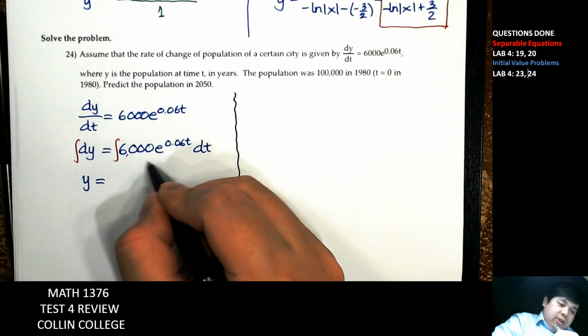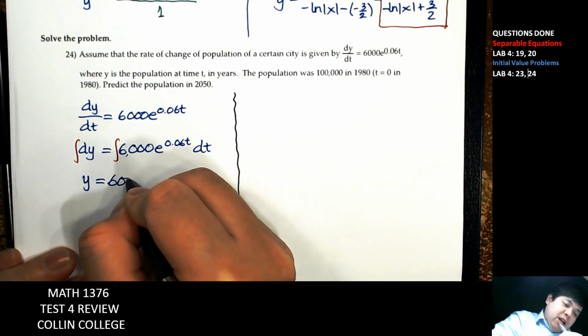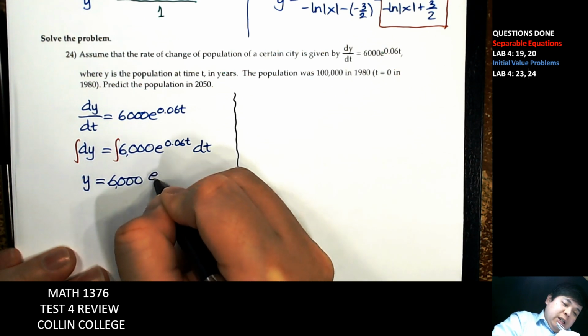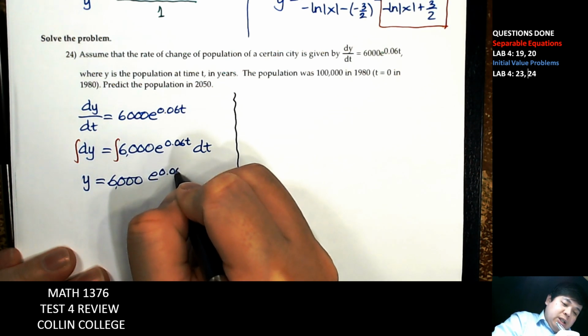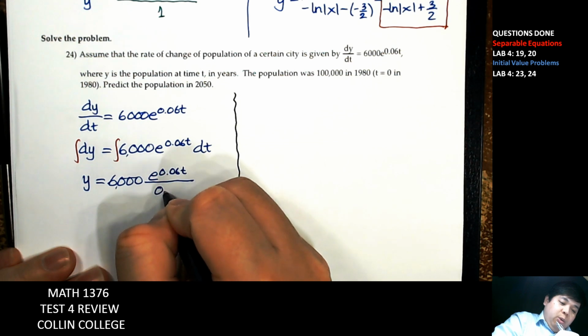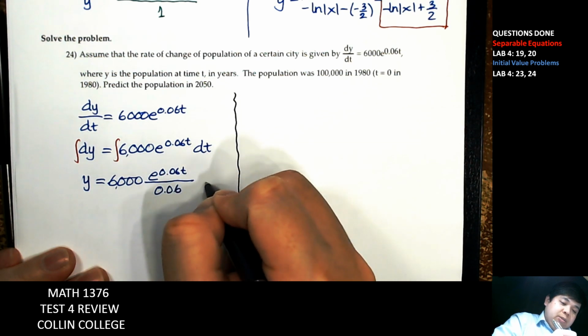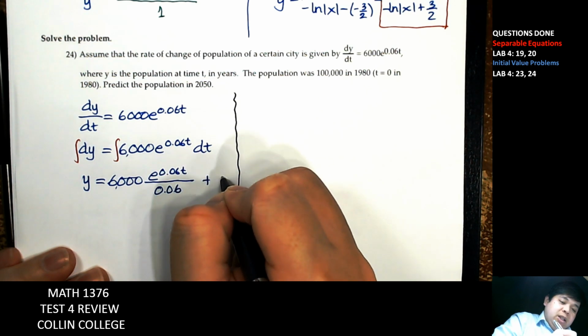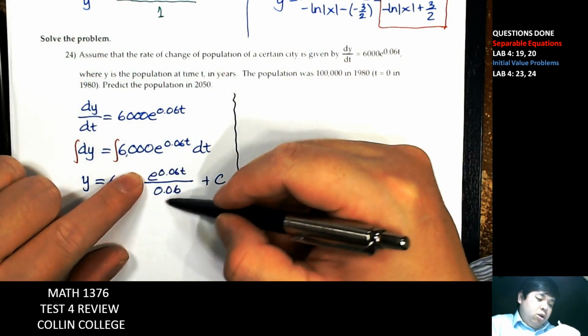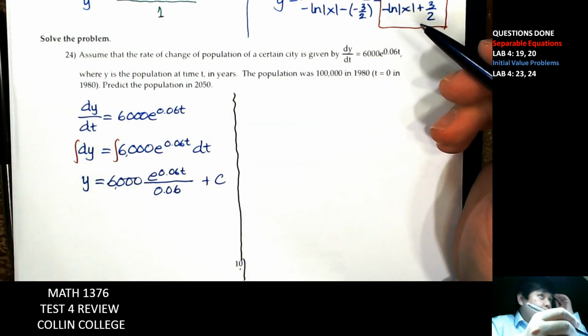Now the integral of this 6000 e to the 0.06t is e to the 0.06t over 0.06, plus c.